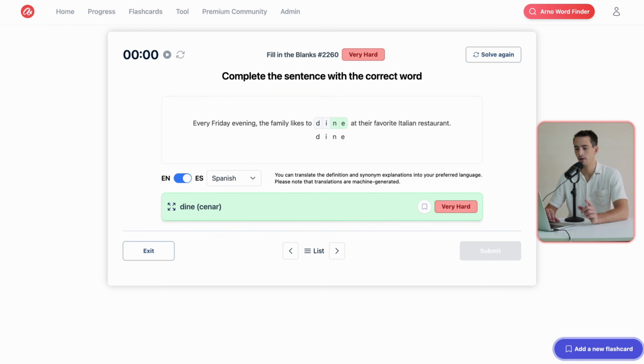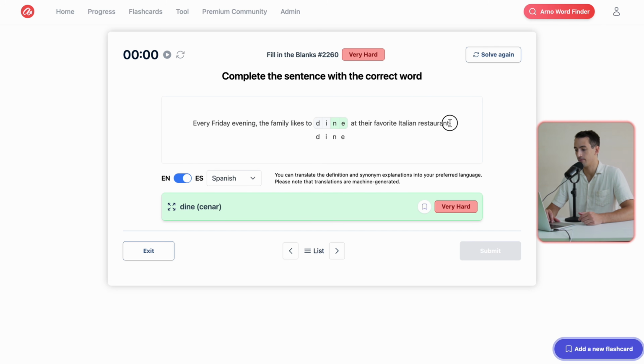Dine. So the first clue that jumped out to me was that I knew I needed a verb, and that's because of this structure here. The family likes to dine, likes to do something, right? Likes to sleep, likes to eat, likes to dine. So I knew that dine needed to be a verb.